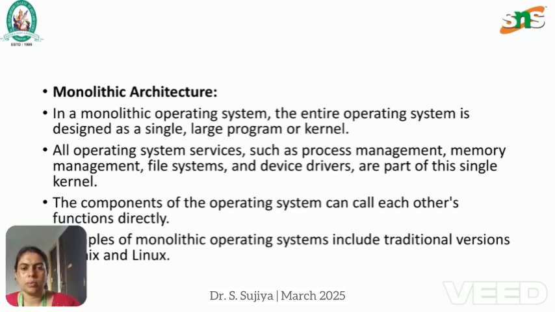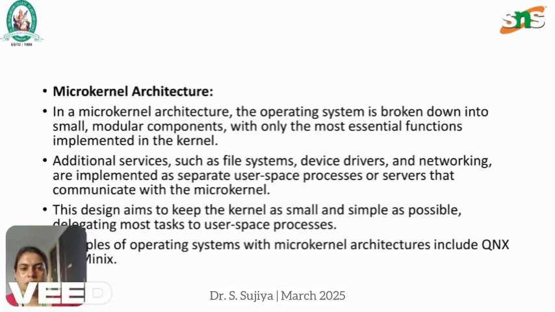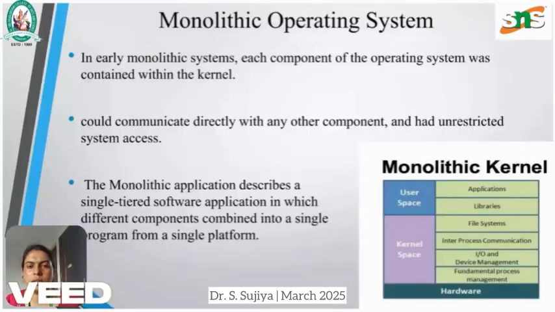The components can call each other's functions directly, and it includes traditional versions of Linux and Unix. Microkernel architecture breaks the system into small modular components, with only the most essential functions implemented in the kernel. It keeps the kernel as small and simple as possible, delegating most tasks to user-based processes, with microkernel architectures including QNX.